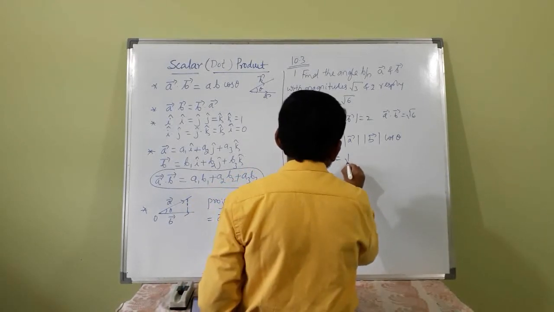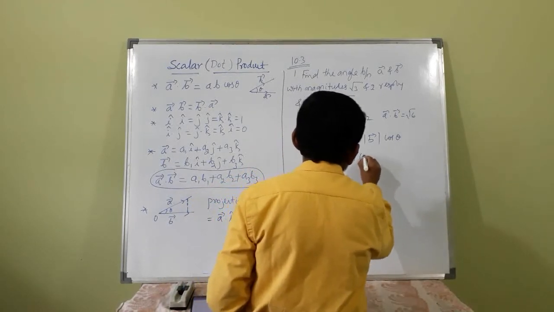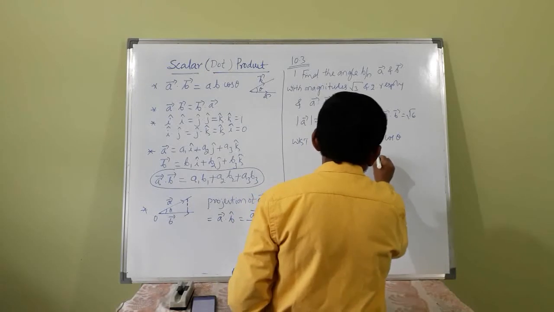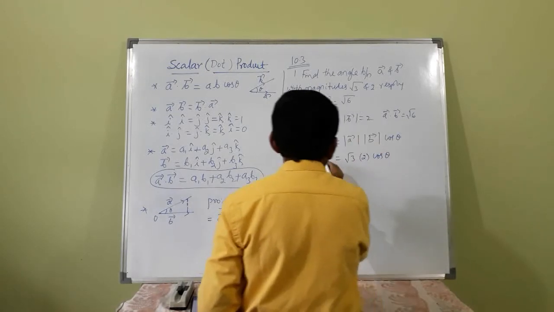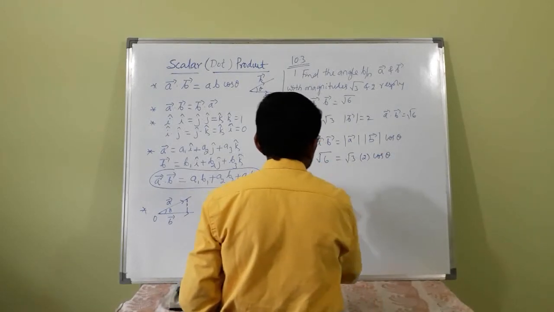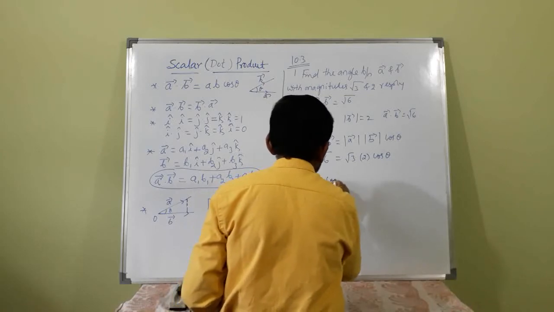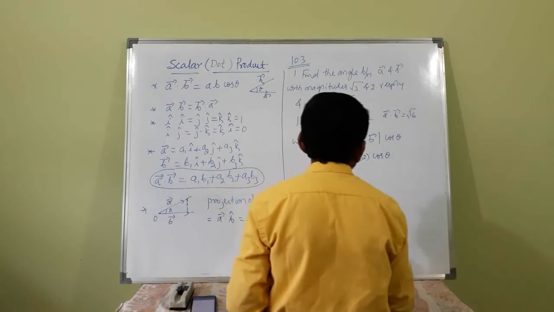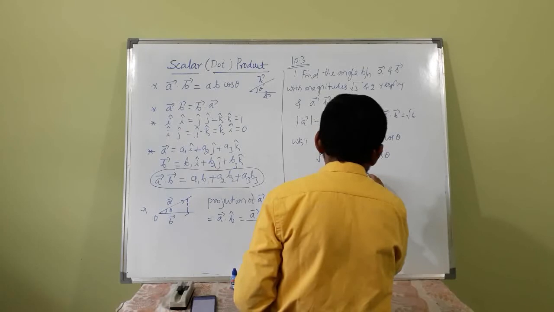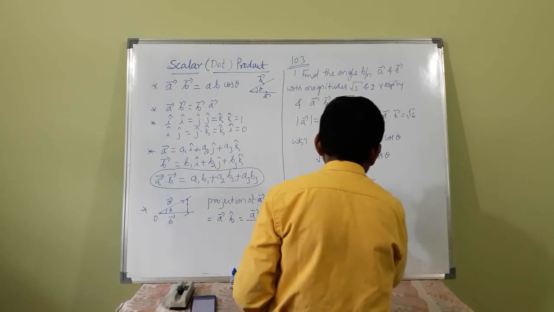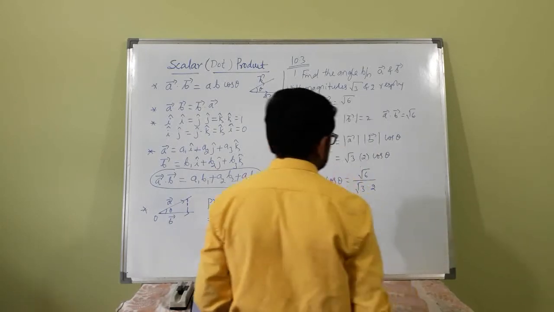So root 3 into 2 into cos theta is equal to root 6. Therefore, cos theta is equal to root 6 divided by root 3 into 2.